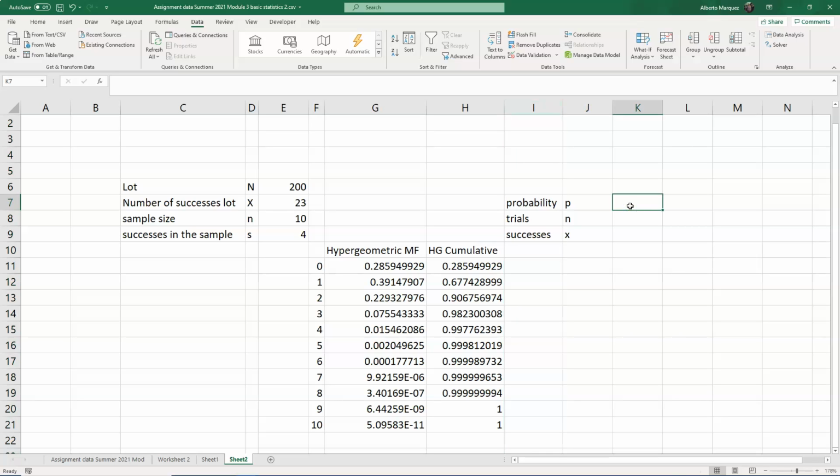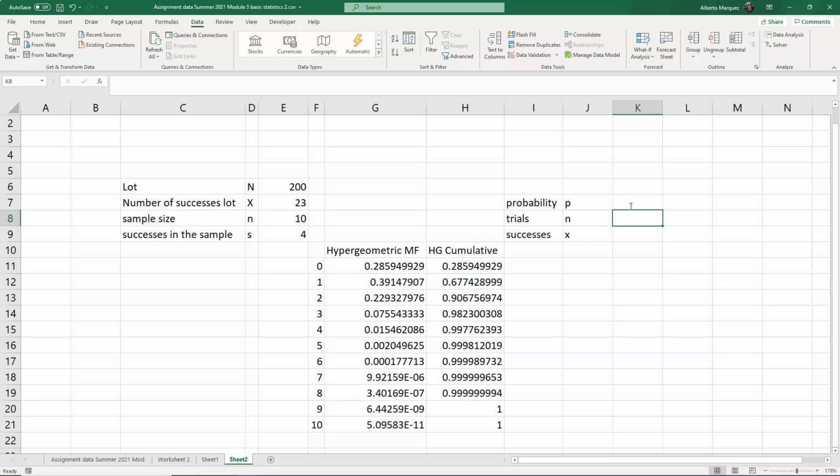This would not be very precise over time, because as we go withdrawing some of these items from the sample, the parameter p would change.